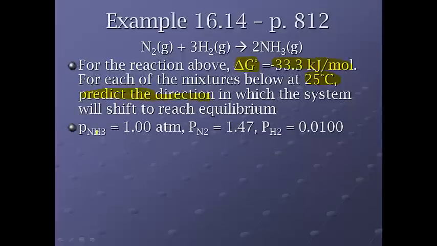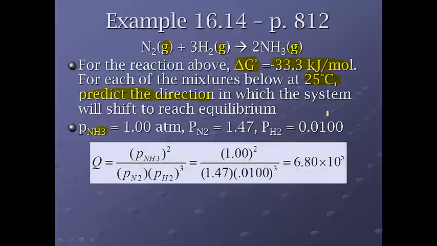In the first mixture the pressures, since they're all gases, are 1.00 atm, 1.47 atm, and 0.0100 atm. We have to find Q, because we're trying to figure out where it's going to react to reach equilibrium. The Q value is 6.8 times 10 to the 5th.